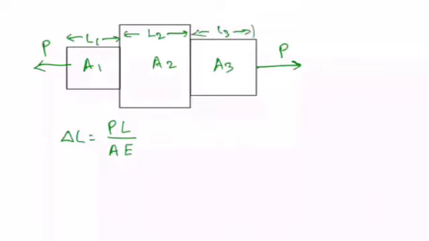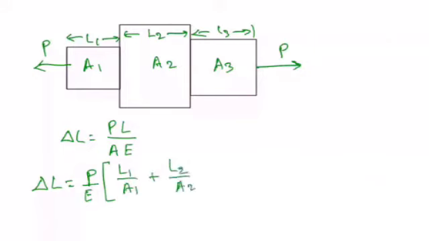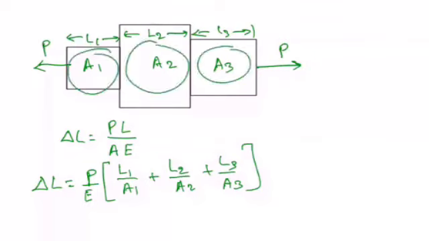In that case, I can write del L will be equal to, since the force is constant here, the force will be outside, and the Young's modulus for this material is constant, so that is out. So I'll have L1 by A1 plus L2 by A2 plus L3 by A3. Now consider that this bar is made up of different materials, so all these sections are made of different materials, and the Young's modulus for all these sections will be different.